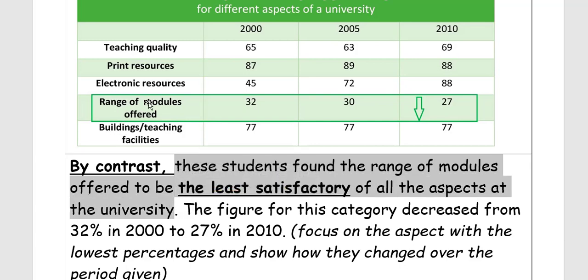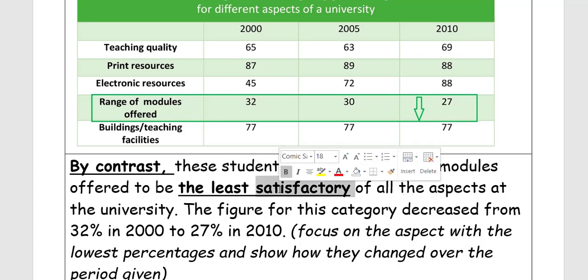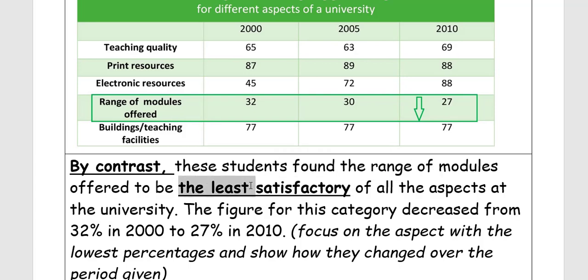So if you look at the range of modules offered, we can see that the percentages were the lowest, and that's why you use the phrase find. So you find something to be interesting, which means you think that something is interesting, or you find something to be boring, for example. That means you believe that something is boring. So satisfactory, less satisfactory, and the least satisfactory. We need to use the superlative form here.